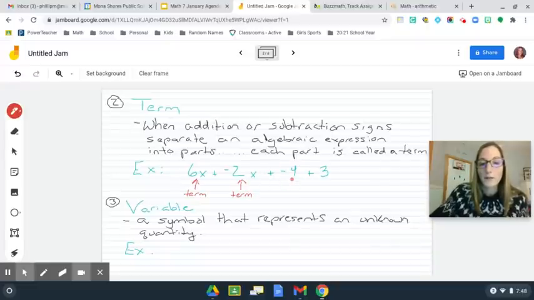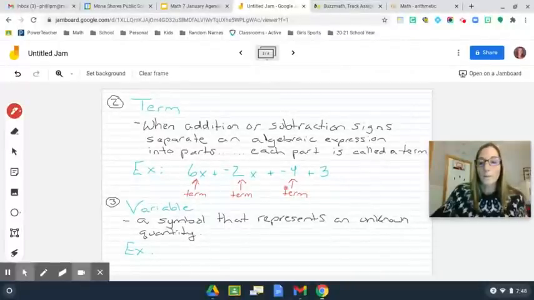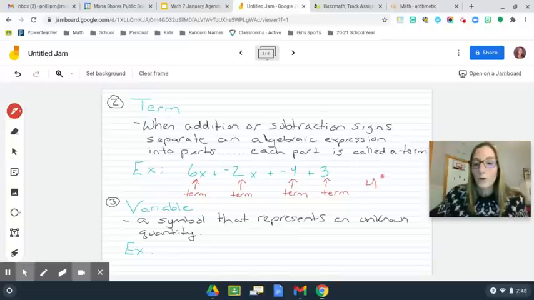The next term you see is negative 4. Again, another addition sign is separating. And the last term you see here is a positive 3. 1, 2, 3, 4. There are 4 terms in that expression there.